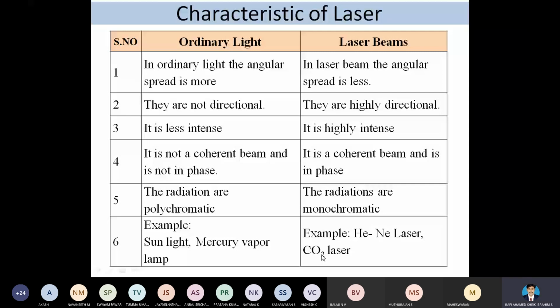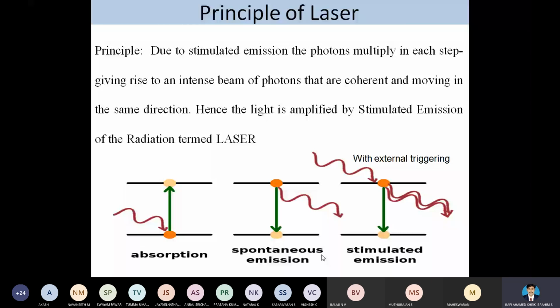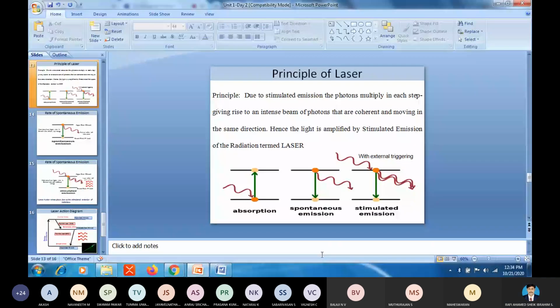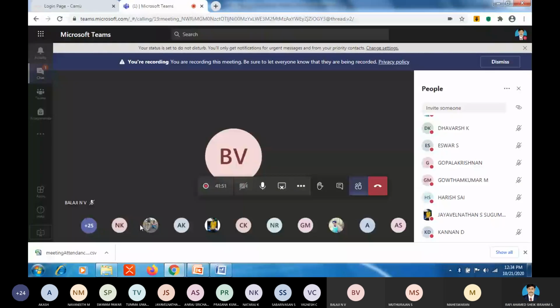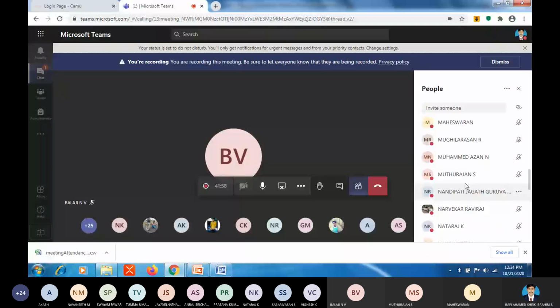So let's start our principle of laser. Before going to the principle of laser, I want to ask something of some students. Muthurajan, are you here? Yes, sir. Is it audible for you? Yes, sir. Is the screen visible?